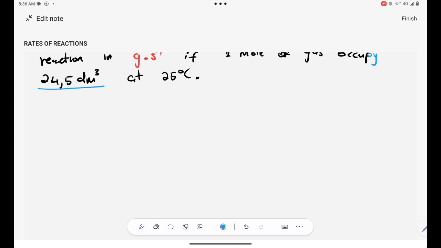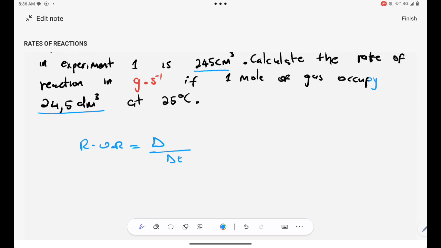Remember that, I said to you in our introduction video that the rate of reaction is the change in the quantity of products all over the change in time. Are you together? So since we are supposed to calculate our rate of reaction in grams per second, I'll simply use the change in mass of my products all over time.